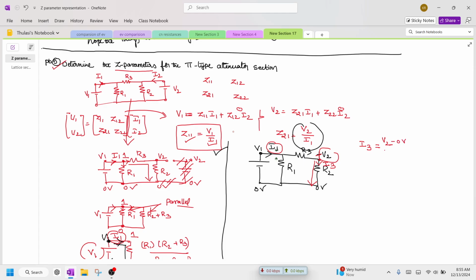High voltage minus low voltage divided by resistors. If you want to analyze the nodal analysis, you can see my previous video where you can understand completely about nodal analysis. Now it is V2 by R2, but already I am having V2, but I need to transform this I3. Already we have V2, but I require I3 in terms of I1.